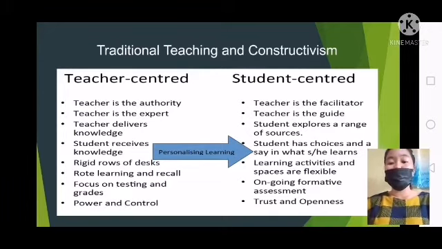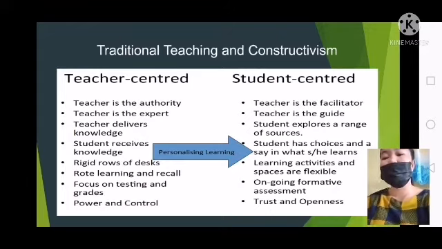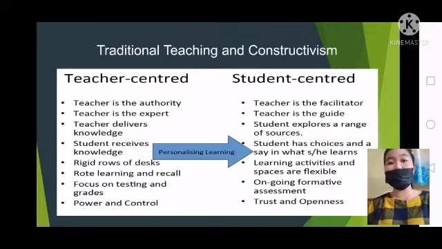While constructivism is student-centered: the teacher is the facilitator and the guide, students explore a range of sources, and students have choices and a say in what they learn. Learning activities and spaces are flexible, with ongoing formative assessment, trust, and openness.